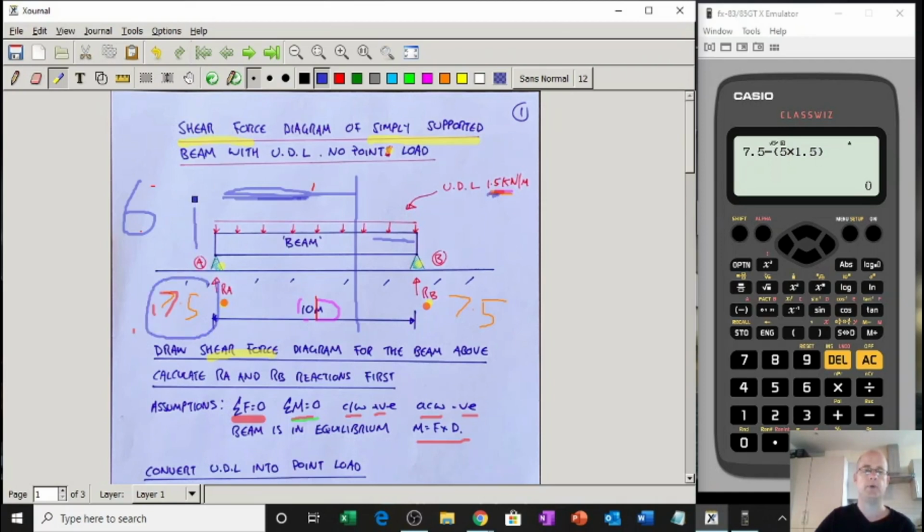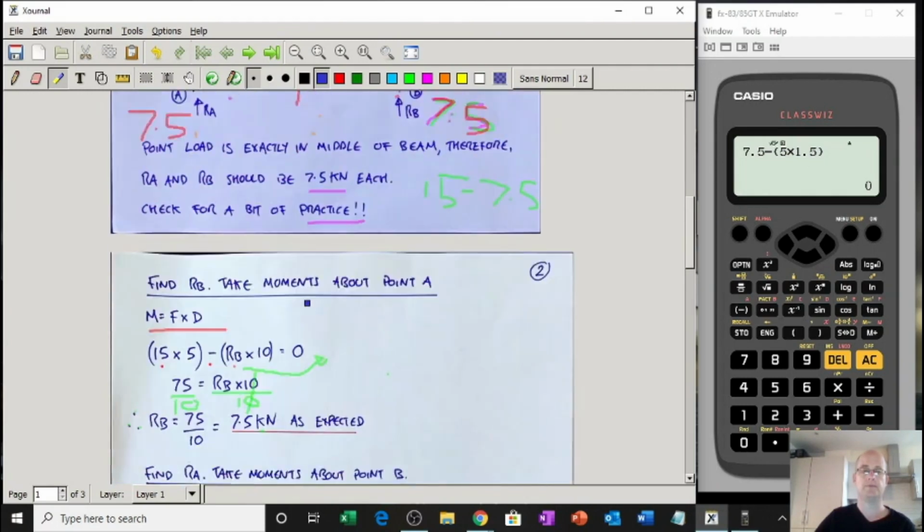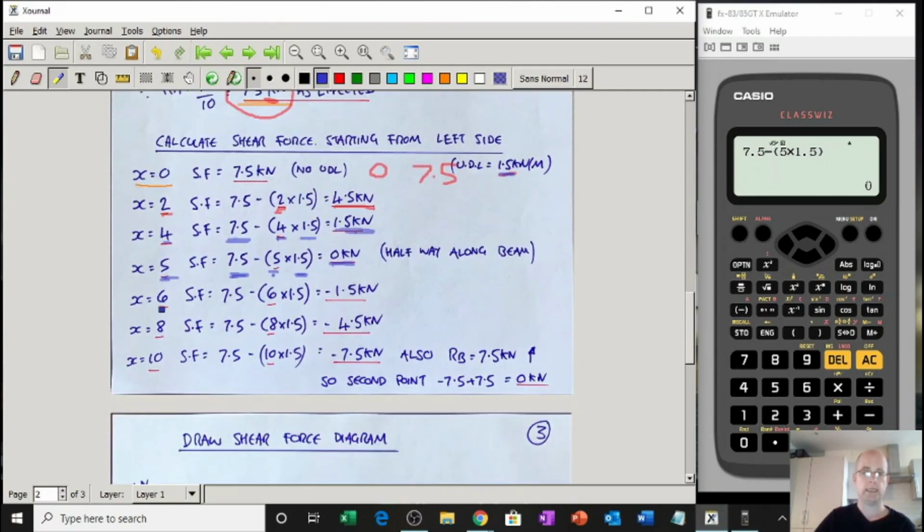That's coming up, and these are coming down. So it's going to be 1.5 times 6, and the 7.5 is coming up.